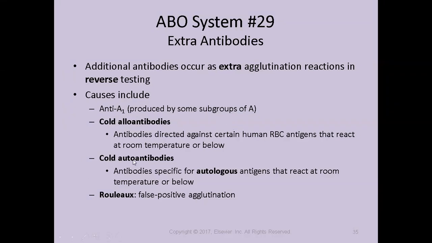We can also have cold autoantibodies, and these are antibodies directed against self-antigens that react best at room temperature. Okay, and then we can have rouleaux. We talked about rouleaux before. Remember rouleaux, the red cells are coated with proteins. They make the stacks of coins. This could show up as a weak agglutination reaction.